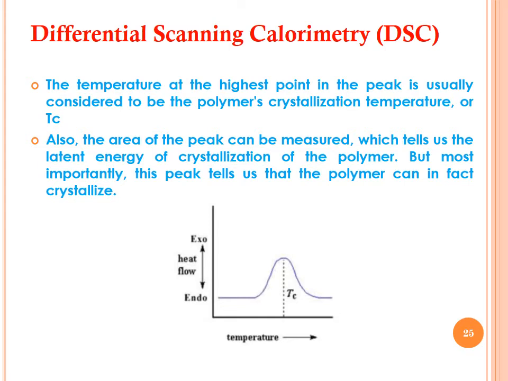Also, the area of the peak can be measured, which tells us the latent energy of crystallization of the polymer. But most importantly, this peak tells us that the polymer can in fact crystallize. The latent heat is the heat absorbed or evolved during a constant temperature process, and it is called the latent energy.